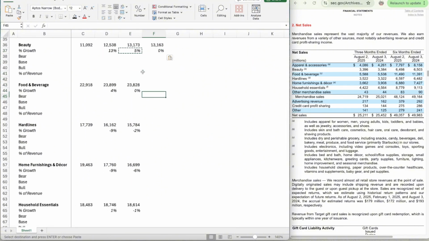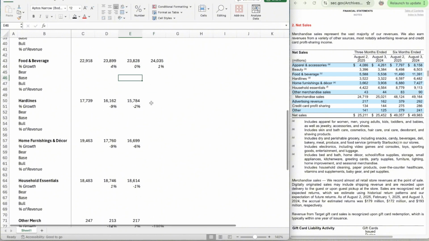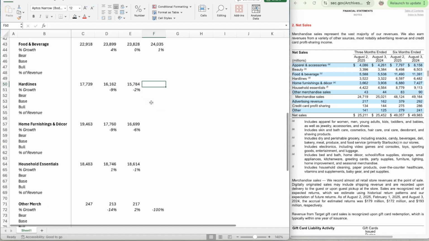Food and beverage. 11391. Okay, this one should be better. 2.099183. 1% increase.